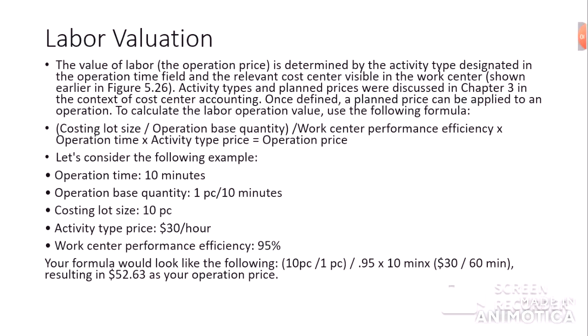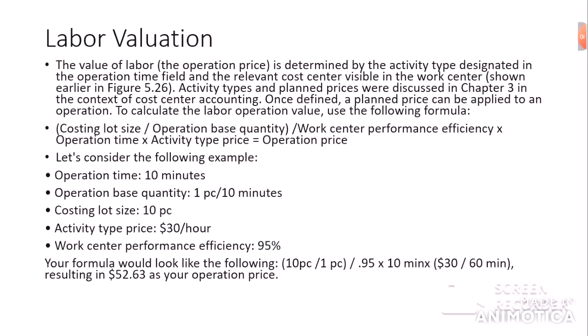Operation time is 10 minutes. Operation base quantity is 1 piece per 10 minutes. Costing lot size is 10 pieces. Activity type price is $30 per hour. Work center performance efficiency is 95%.